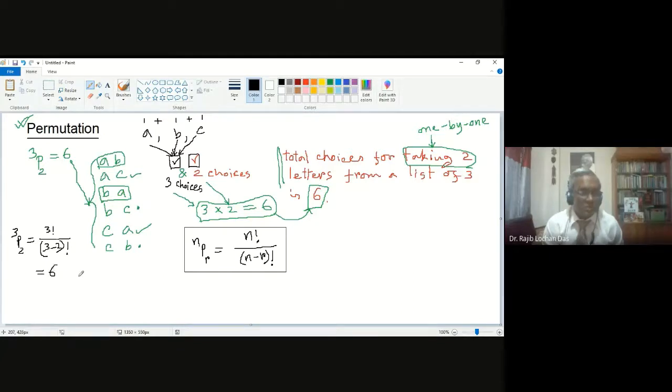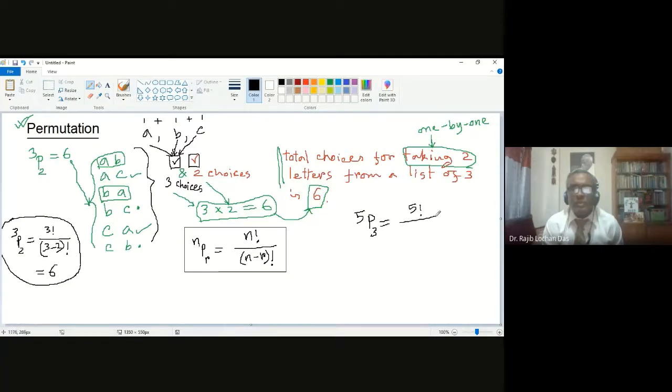This is the calculation by formula, and this is the understanding. And you can check with, say, 5P3. The formula will be factorial 5 divided by factorial of 5 minus 3, so factorial 5 by factorial 2.